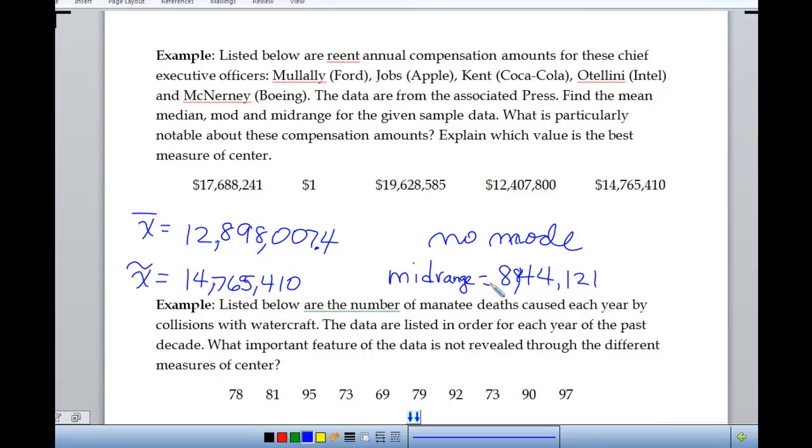One guy somehow chose not to get paid, a salary. He was only getting $1. So we have a what? An outlier. Okay. So then in that case, which value do you think would be the best measure of center?